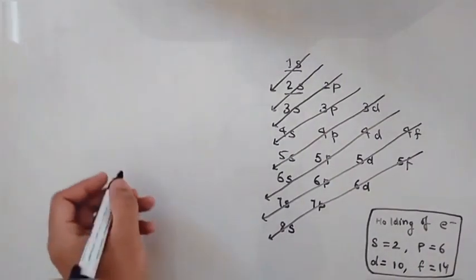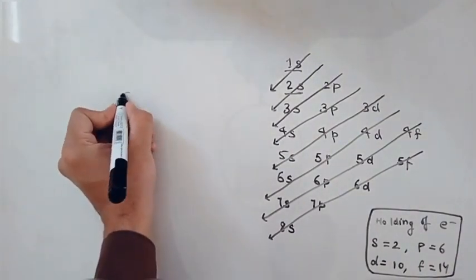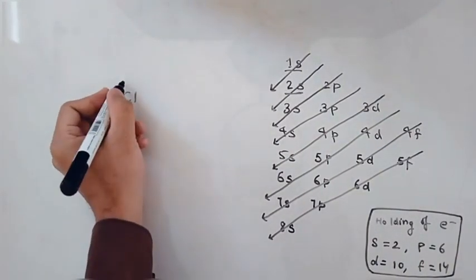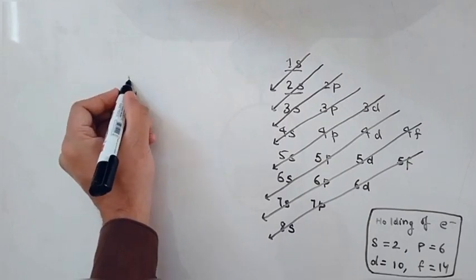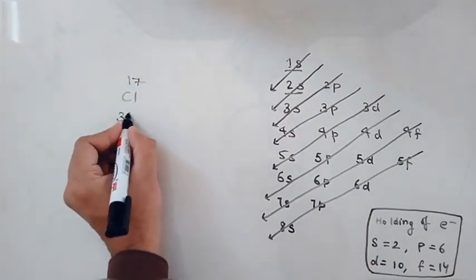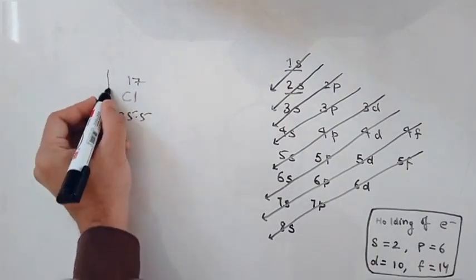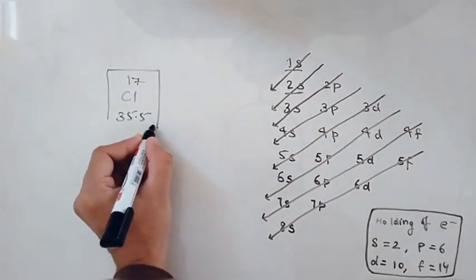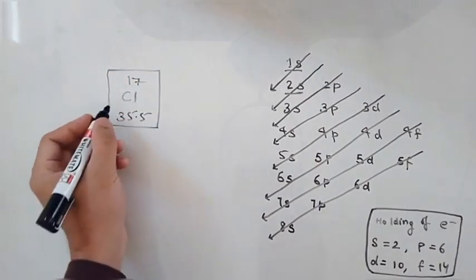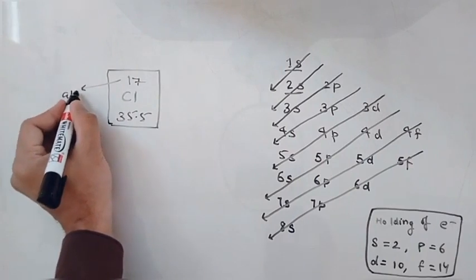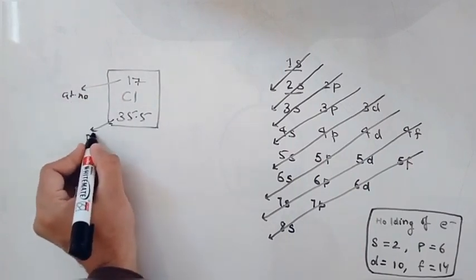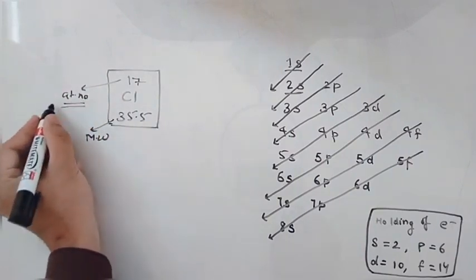Let's consider chlorine. For chlorine we have atomic number 17 and its weight is 35.5, which is the average of two isotopes of chlorine. This is the atomic number and this is the molecular weight. We are concerned only with the atomic number.